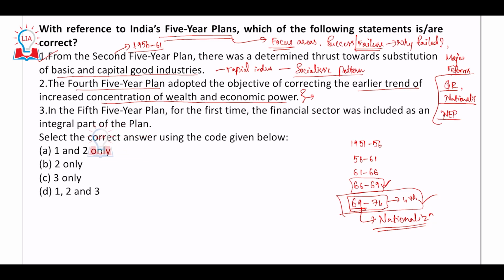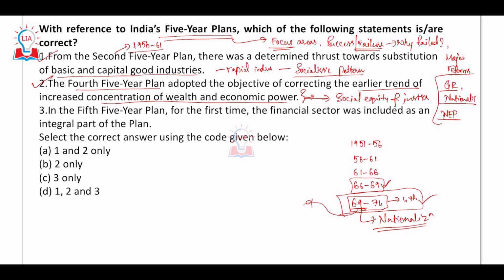One of the planks put forward in the fourth 5-year plan was that we want to generate wealth and distribute it across society, and that was one of the major focus areas of the fourth plan. So it emphasized the reduction of concentration of incomes, wealth, and economic power, so that we could achieve social equity, or equity and justice. So the second statement is right as well.